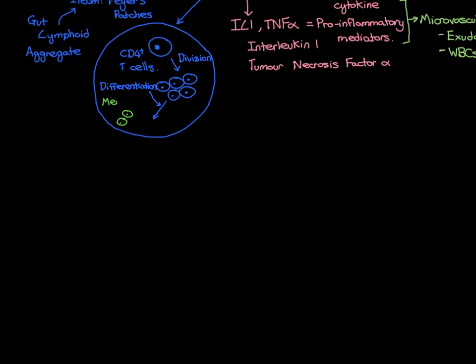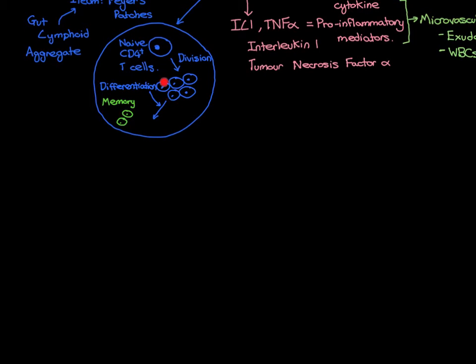So these ones in green here, these are memory CD4 positive T cells, and these are really, really important. These replace the initial CD4 positive T cell that was activated. This one up here, this is what we would call a naive CD4 positive T cell. To give it its full proper name, it's a naive CD4 positive T cell because it's never been activated before, and now it's being activated by our antigen presenting cell.